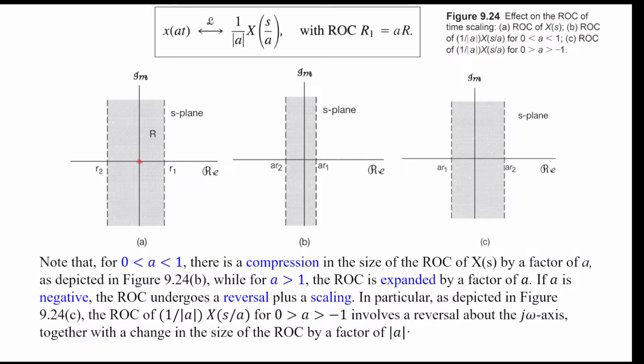So this point will flip to this point, etc. But because the ROC is a vertical line, you only care about how the vertical line changes. Then the vertical line actually gets flipped left and right, although you are actually doing a point symmetry instead of a line symmetry around the geometric axis.